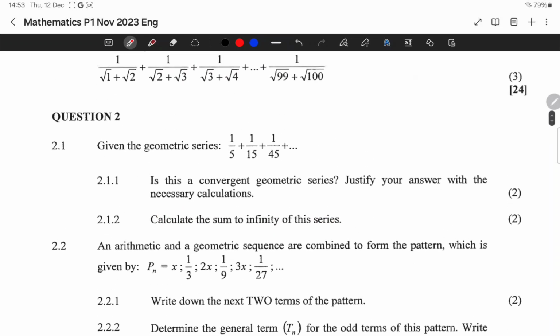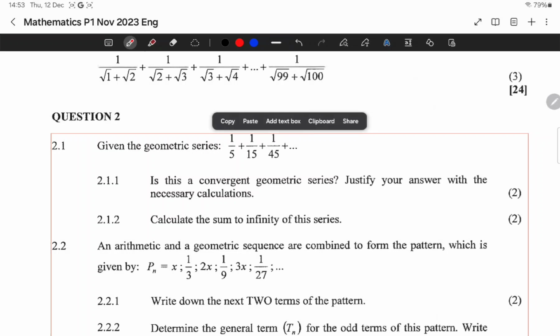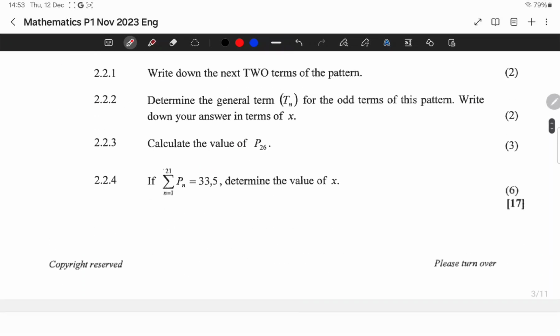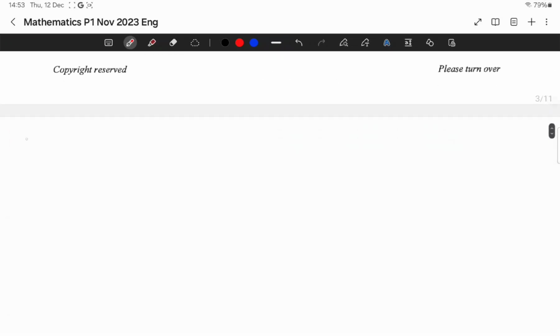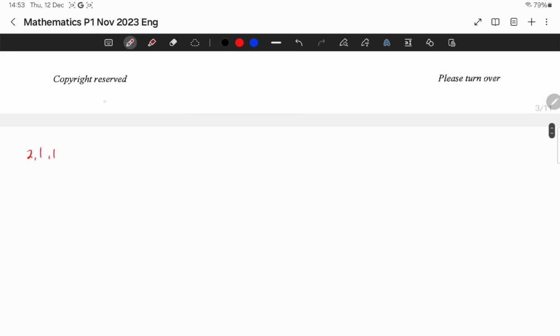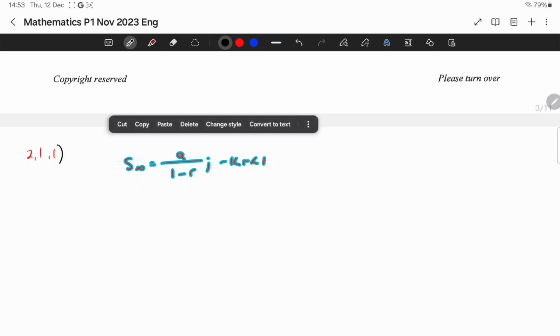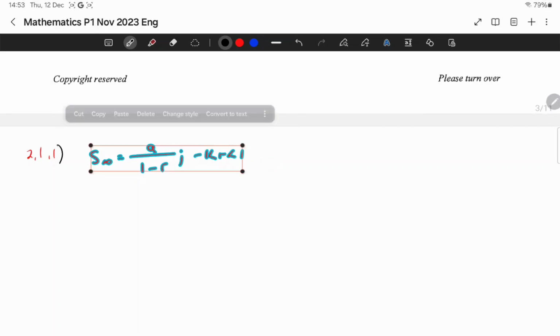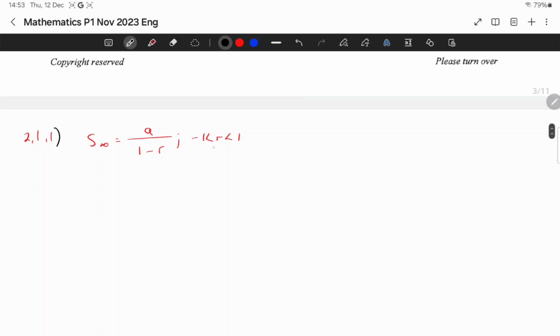Well, we know that for a convergent series, let me just paste down the formula here. This is 2.11. We know that for a convergent series, the absolute value of the common ratio has to be less than 1, as stipulated by this condition in the formula.